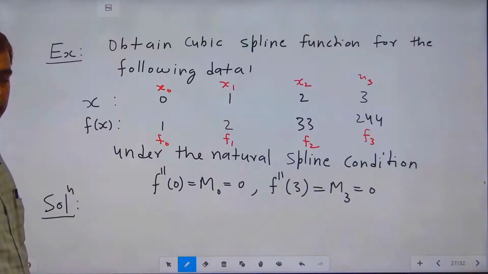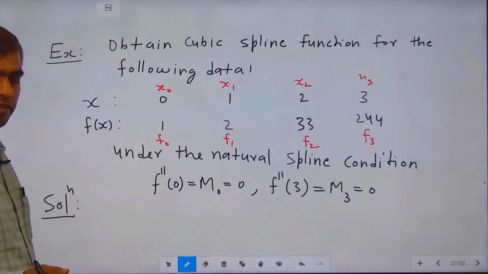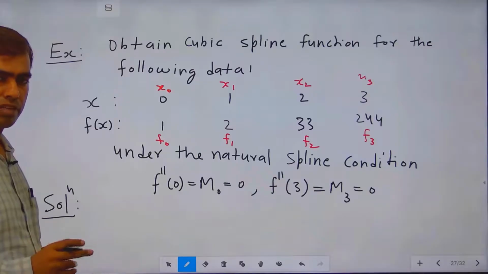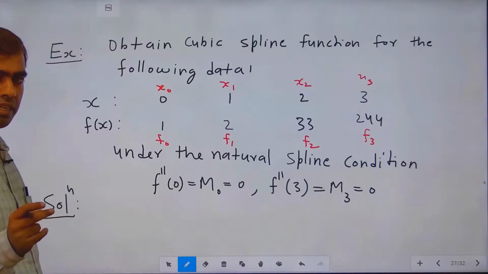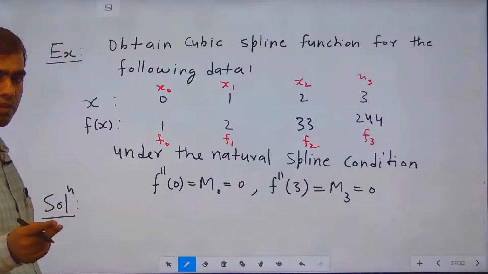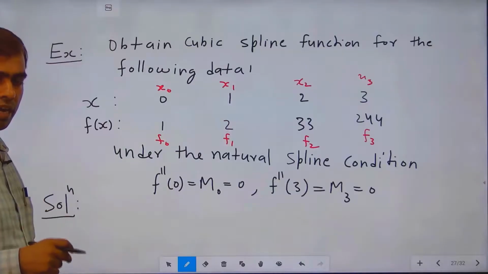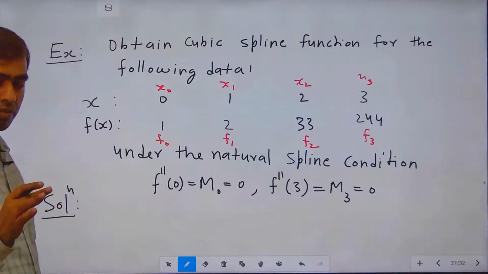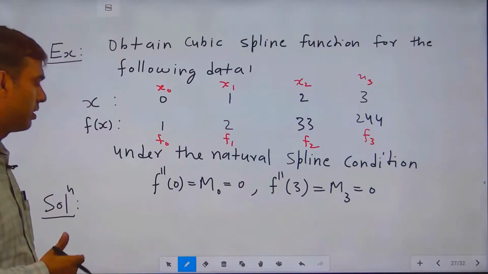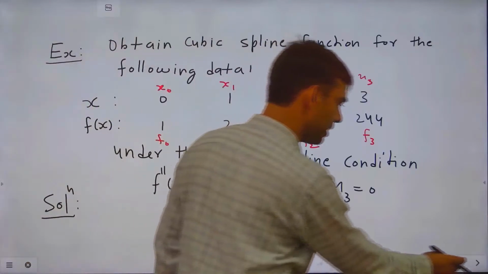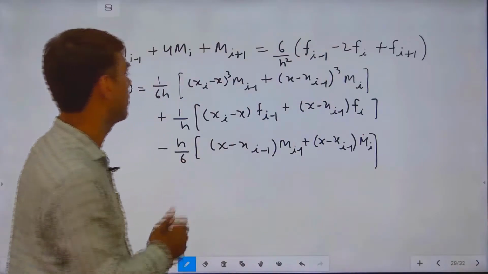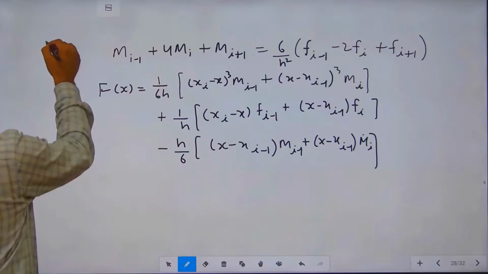First of all we write the formula of f(x), a relation between m0, m1, m2, m(i-1), m(i+1), f(i-1), f(i+1), and the function for each class interval. Here we have already written the formula. So how do we find the solution?